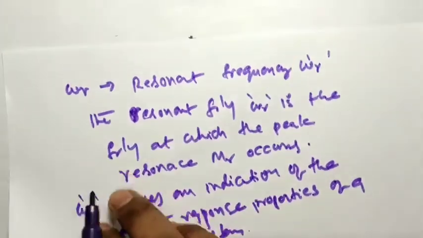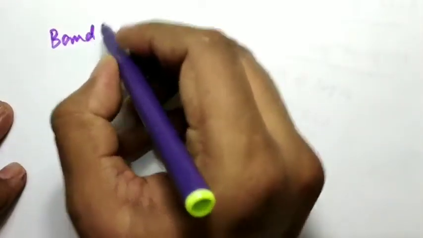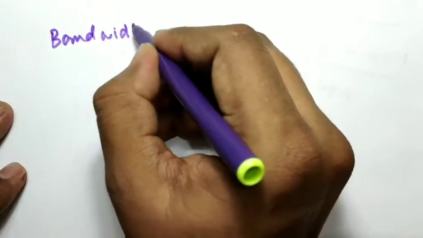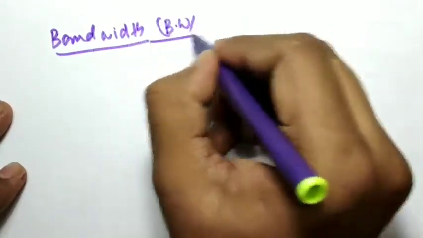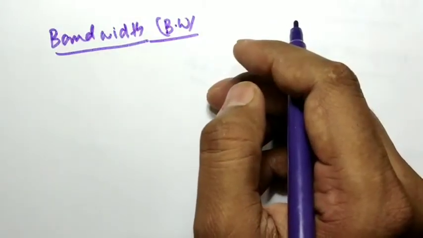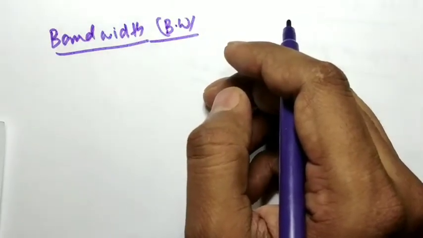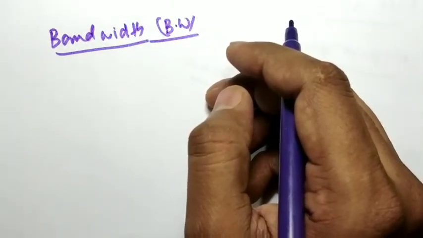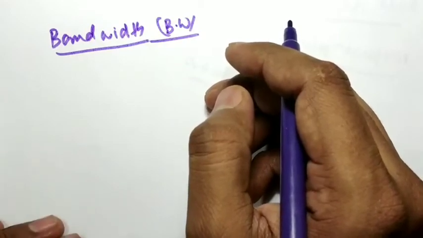So next we will study the bandwidth. What is the bandwidth? If we just see, the bandwidth is the frequency at which M(j omega) drops to 0.707.